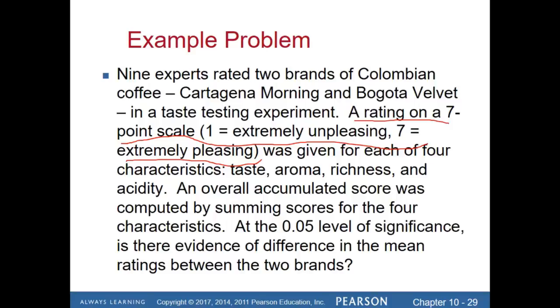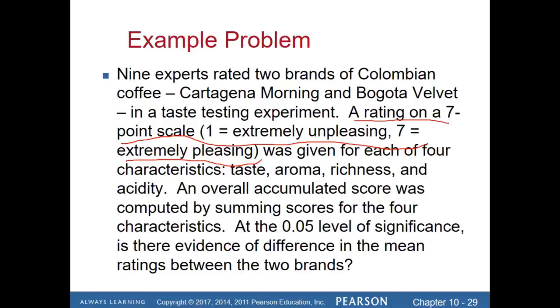That being said, do we also have something in this problem statement that lets us believe that we're doing a paired t-test? So we're able to pair up ratings, and I think we do. We have 9 pairs of ratings, 9 experts who rated 2 coffees apiece, and what we're interested in doing is comparing for each of those experts the differences between their 2 coffee ratings.